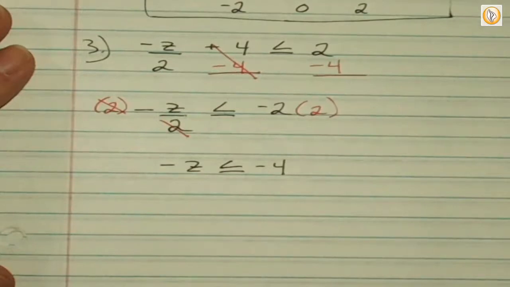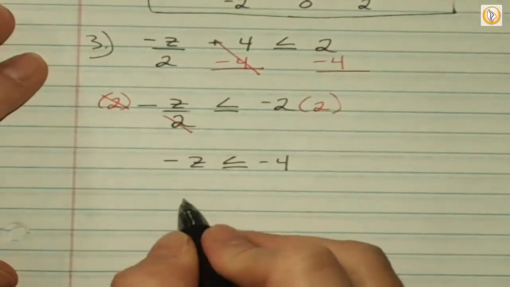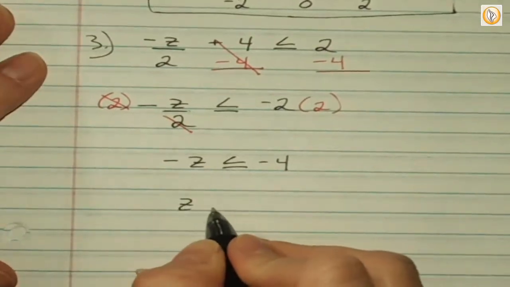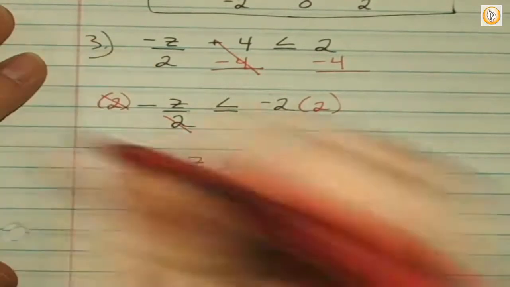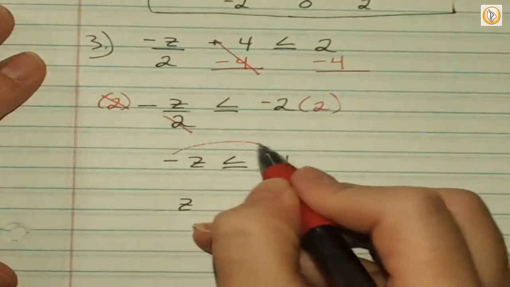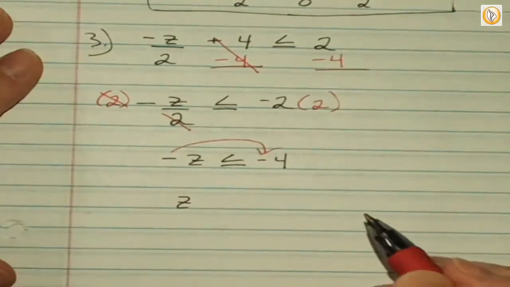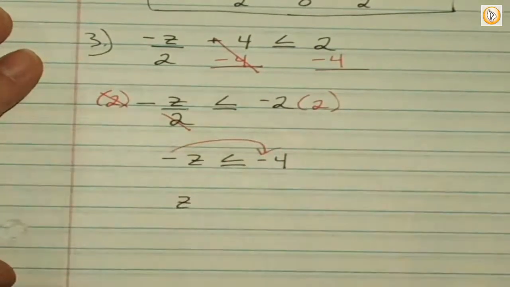Don't you just do the negative over 3? Okay, so then what's my answer? Z is less than or equal to 4. Wait, no. You're right. So this will be applied over there, so that becomes a positive 4.